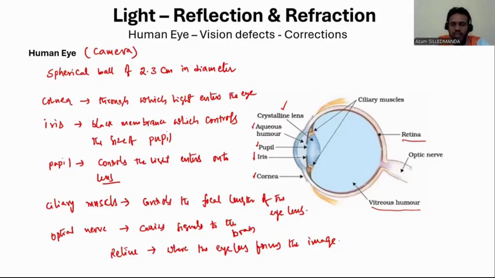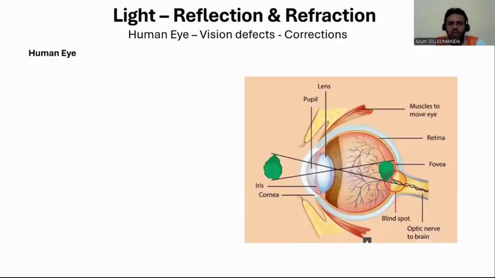So let's look into the details of how the image is formed. In this diagram, this is the exact shape of the eye, a spherical ball. For example, I have an object here. Basically it's a lens, which we already studied in our previous sessions. Let's say this is a lens, a convex lens.